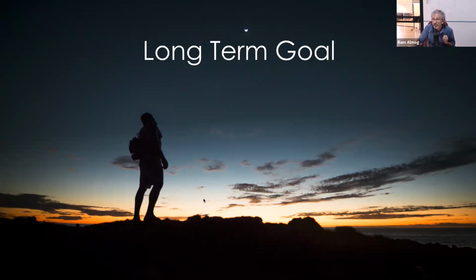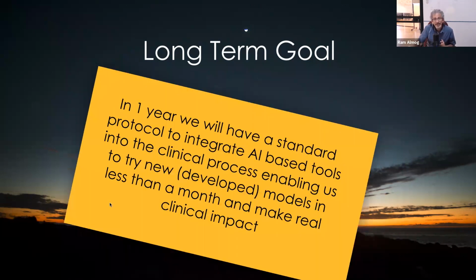So at Sheba, what we had was: in 1 year, we will have a standard protocol to integrate AI-based tools into the clinical process, enabling us to try newly developed models in less than a month and make real clinical impact. I want to unpack this, because first you need to understand how we got there.